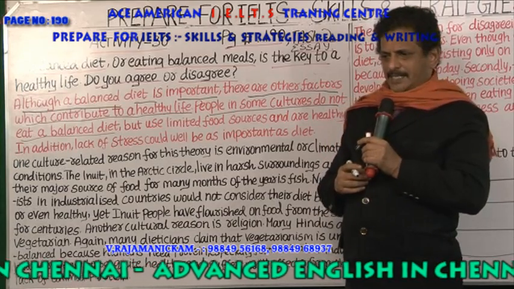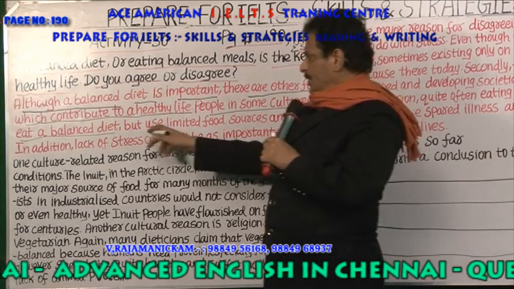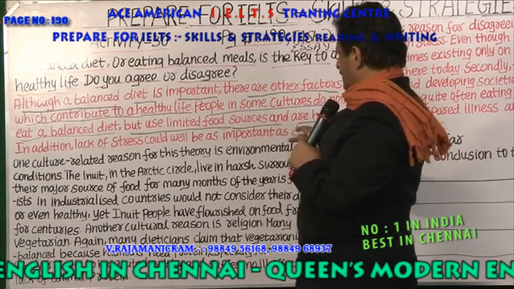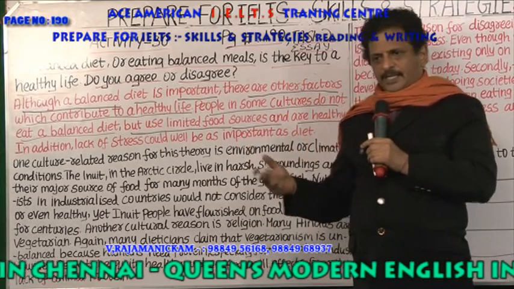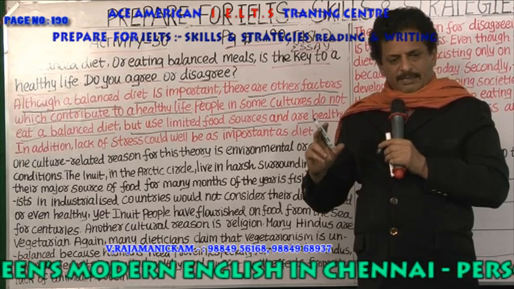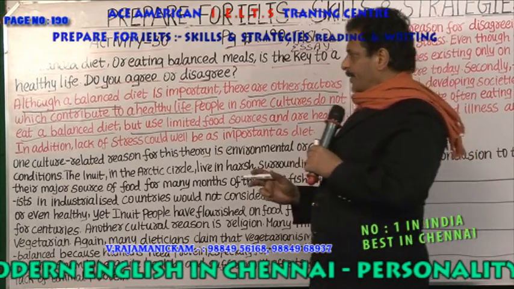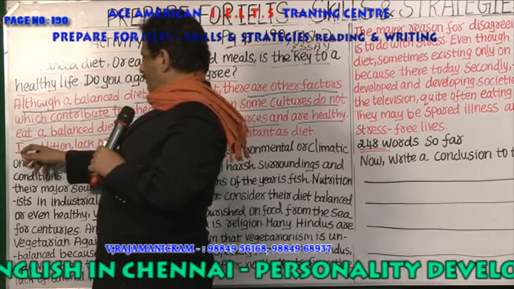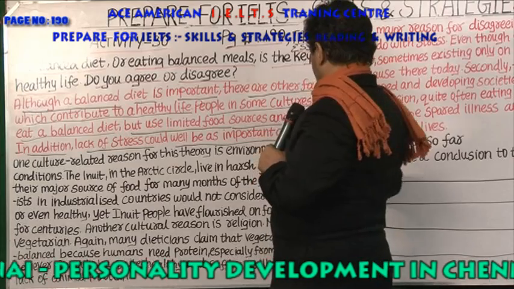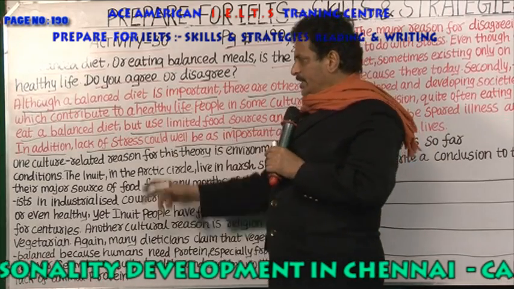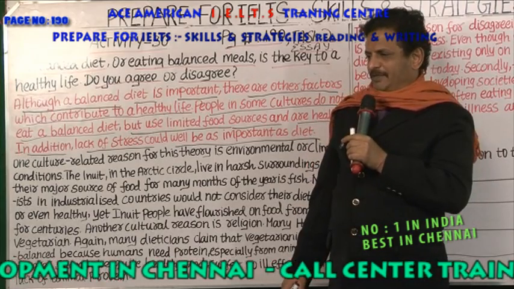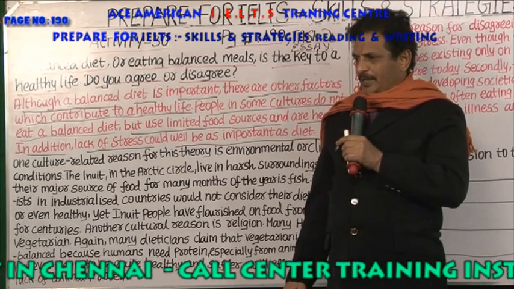They don't eat a balanced diet, but use limited food sources and are healthy. He says even though people of some different cultures don't eat a balanced diet, still they are healthy. How is it so? In addition, lack of stress could well be as important as diet. Lack of stress, a stress-free life, also counts for a healthy body.